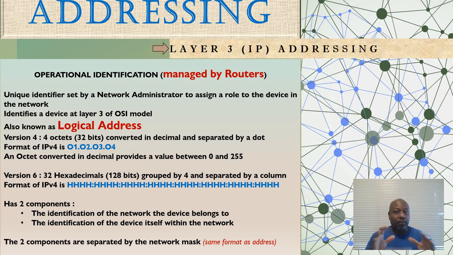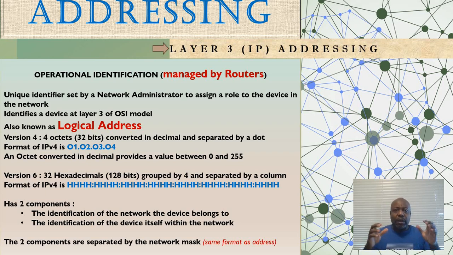I hope we understand the difference between the two. And of course, we're going to need a different kind of devices to handle this kind of addressing. This is what we call the layer 3 devices, among which we have routers that are basically built to understand these kinds of addresses, right?